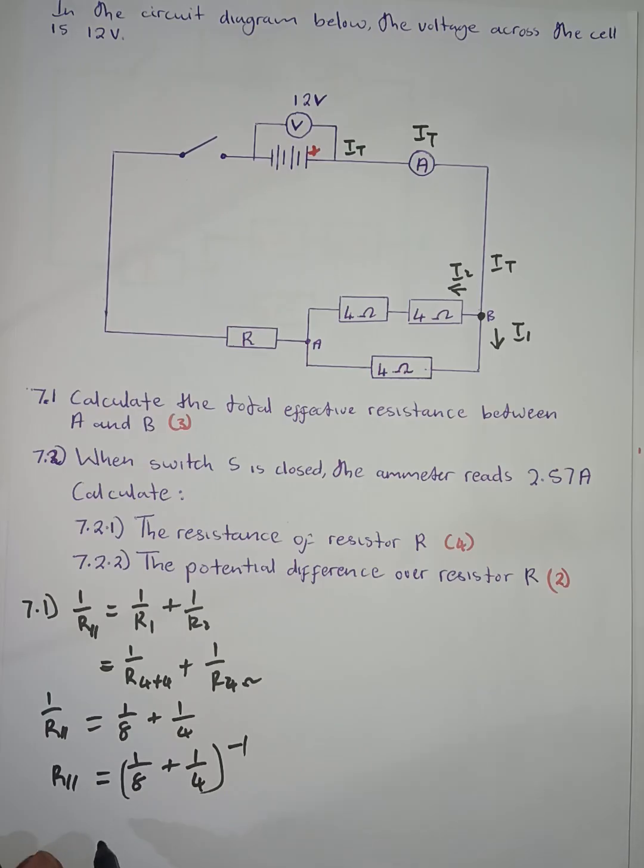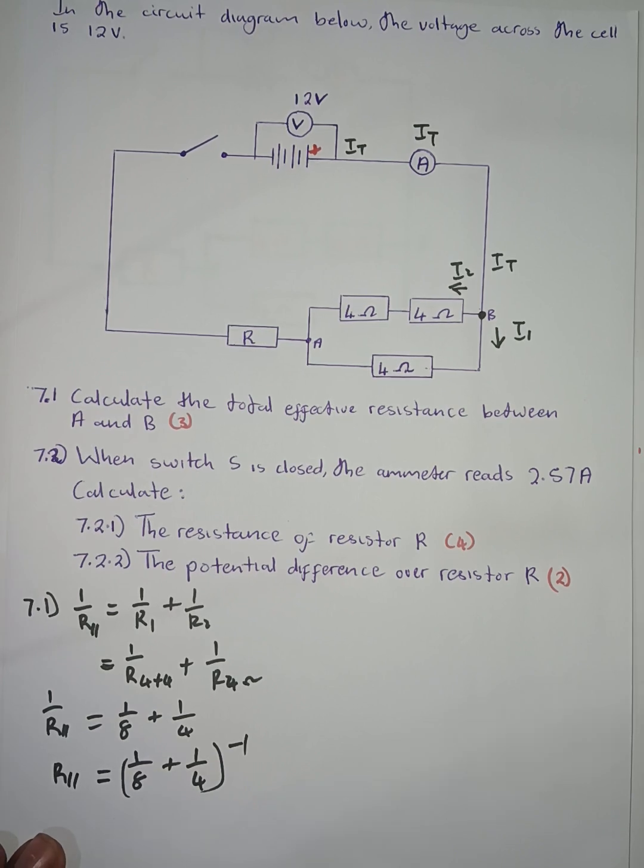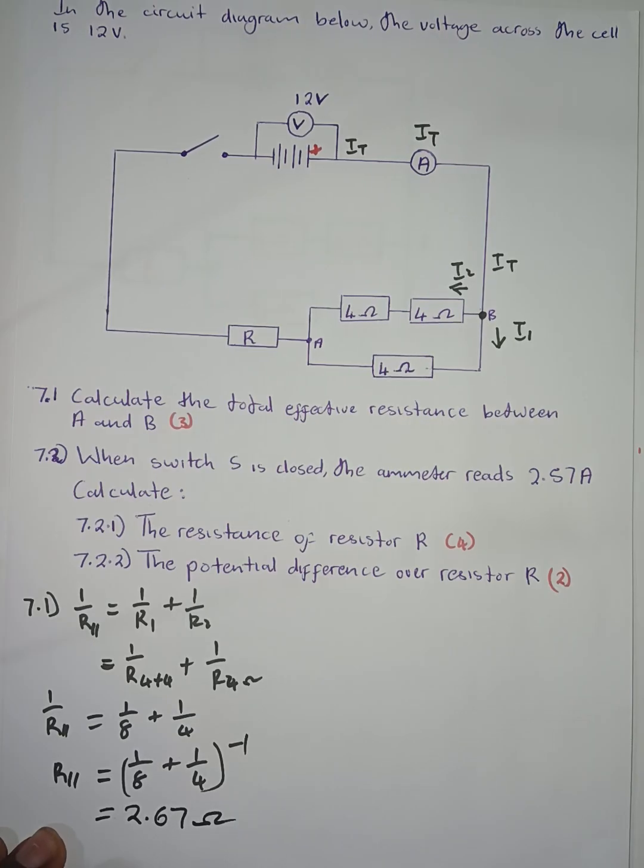If you round that off, it's actually 2.66667, but of course if you round that off, this will be 2.67 ohm. So that would be the total effective resistance between A and B. That was actually given to be 3 marks.